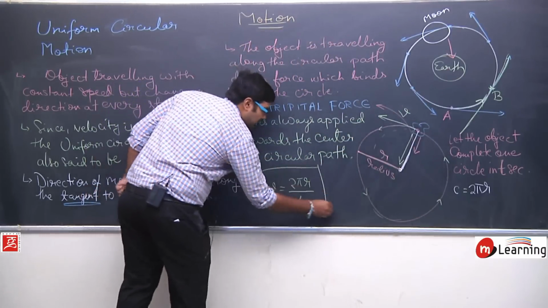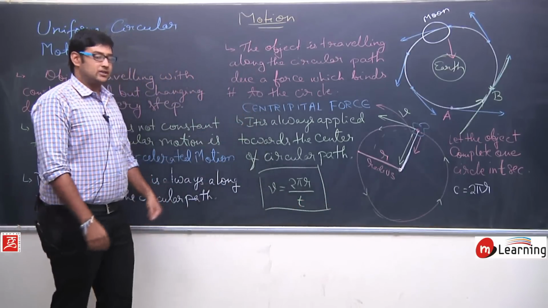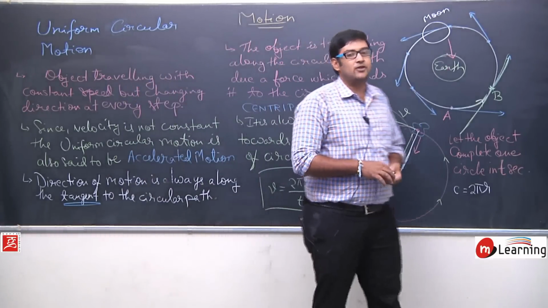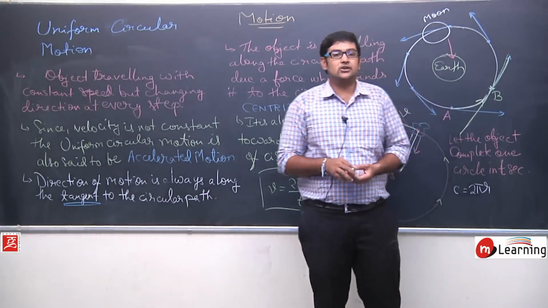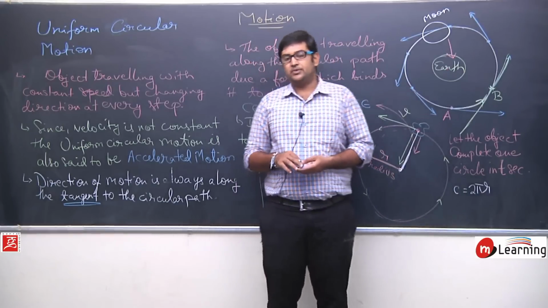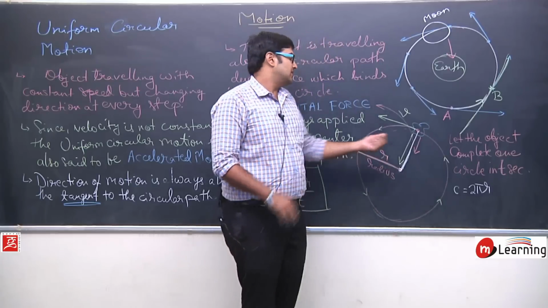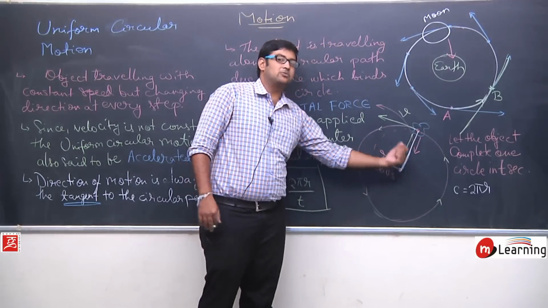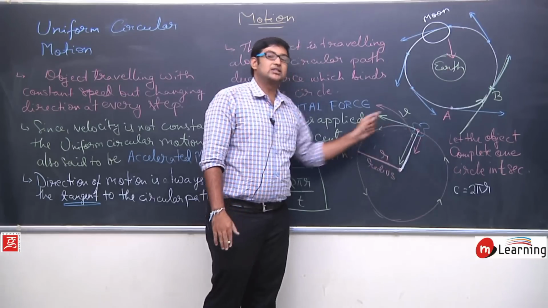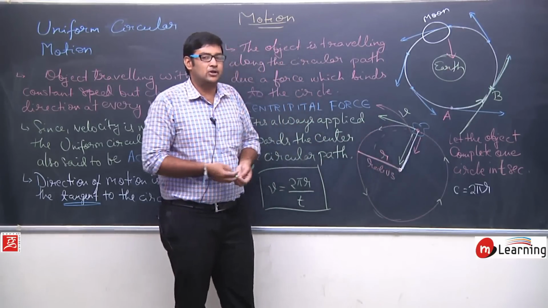So this is a formula that can be used in circular motion. There are various other types of velocity also available in circular motion, that is the angular velocity. Angular velocity tells how much angle the object is sweeping along this circle. But that is again beyond our scope.